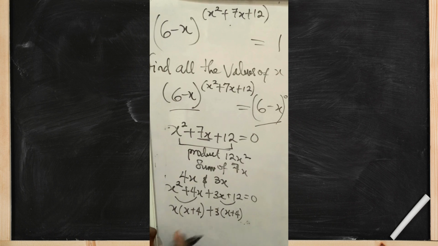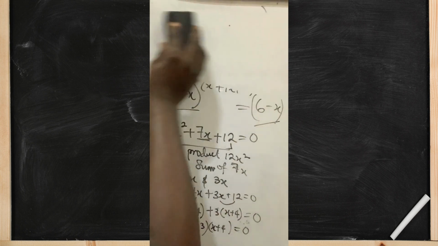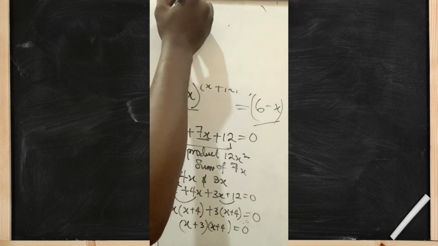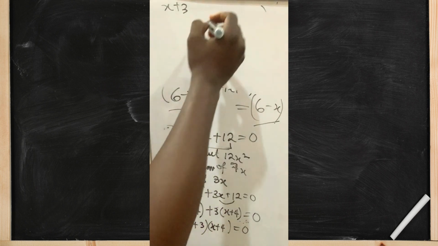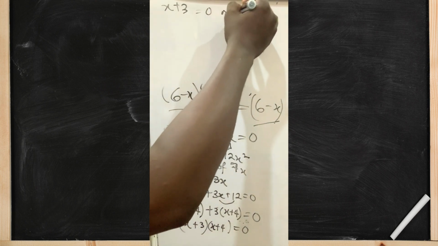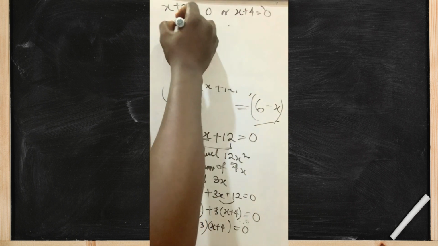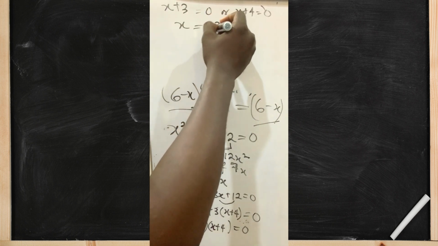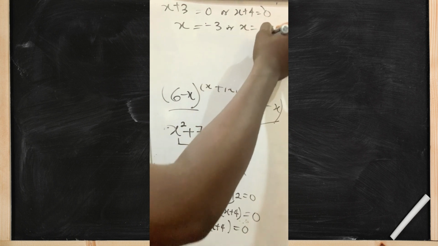When we factorize, each of these equals 0. So we can conclude that x plus 3, by the time we factorize out x plus 4, then x plus 4, all equals 0. So now, moving forward, we can pick up x plus 3 equals 0, or x plus 4 equals 0. Then from here, we know that x equals minus 3 and x equals minus 4.